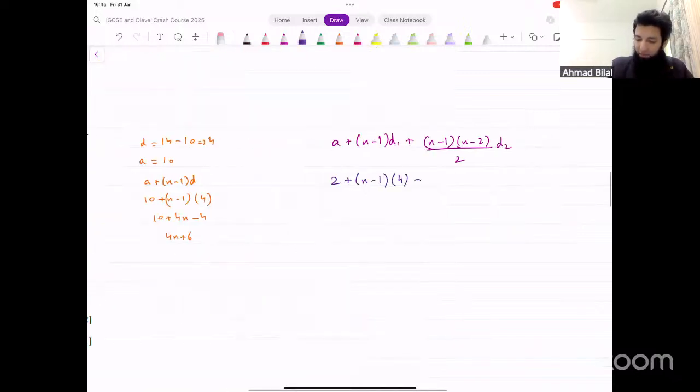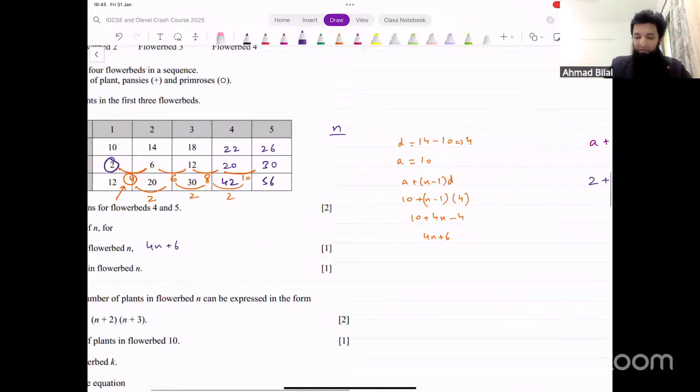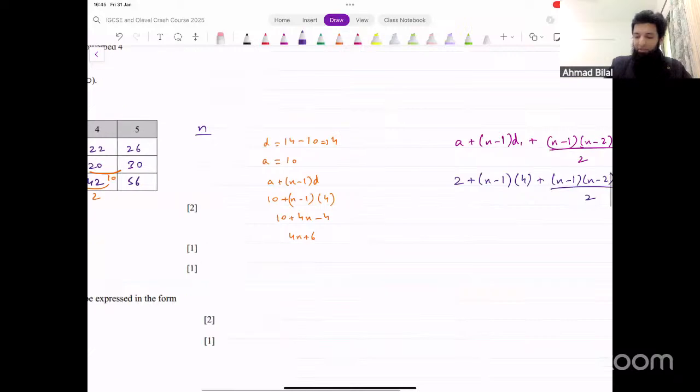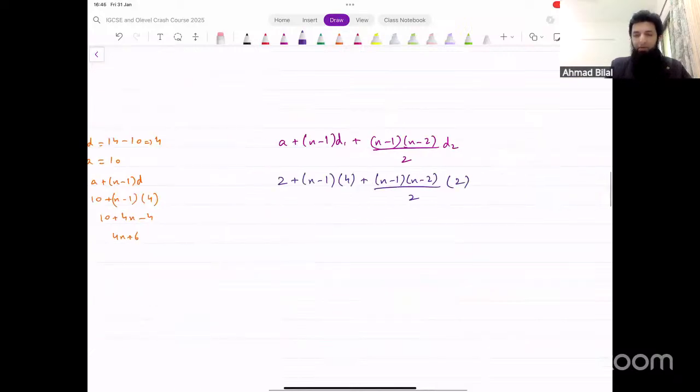d1 is 4. And then you have (n minus 1)(n minus 2) divided by 2 times the second difference. What's the second difference in this case? The second difference is 2. Let's input that here. And now you just have to simplify this and you get that quadratic sequence. You have 2 plus 4n minus 4 plus the 2s cancelled, and we're left with n squared minus n minus 2n plus 2.